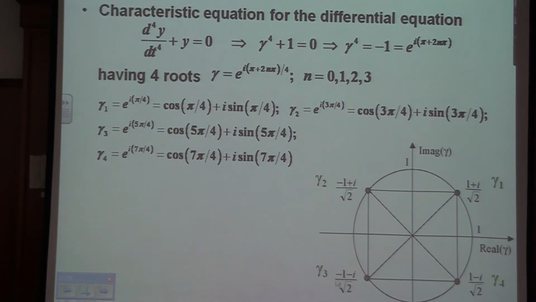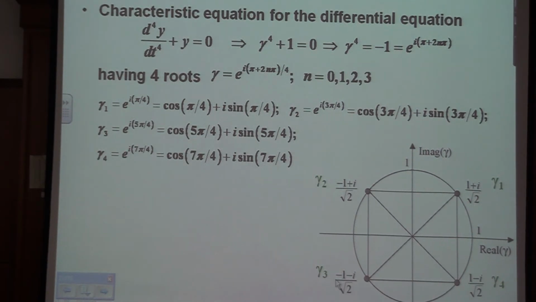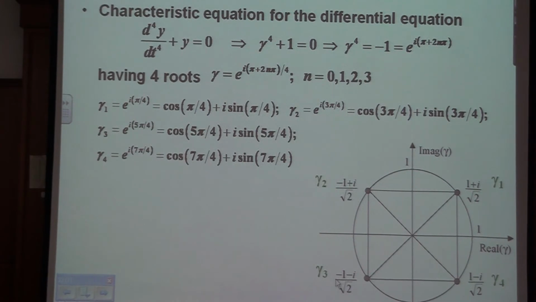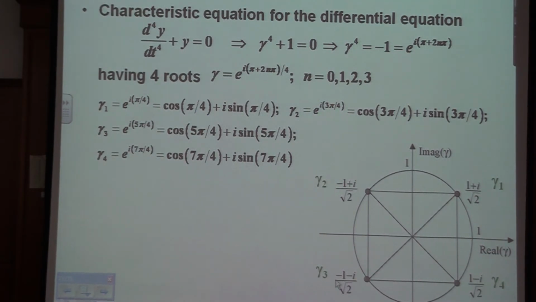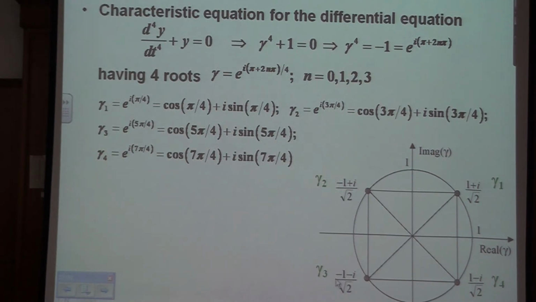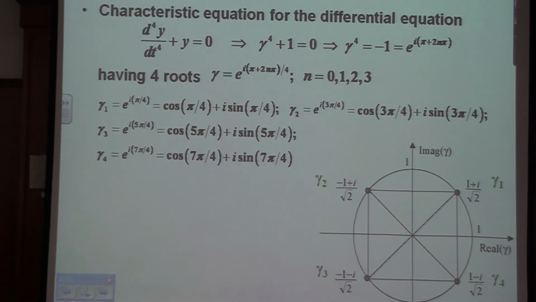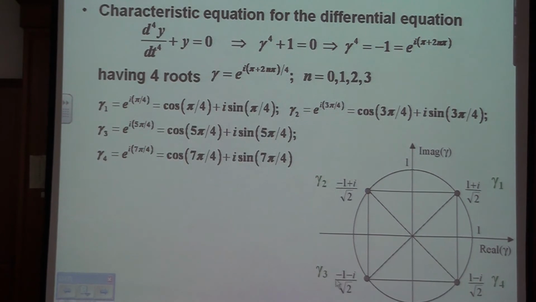Just look at these four roots. So it's stable or unstable? Unstable. Why? Because there are positive real roots. Exactly right. You learn very quickly. So look at these four roots, you will be able to tell if the system is stable or unstable.